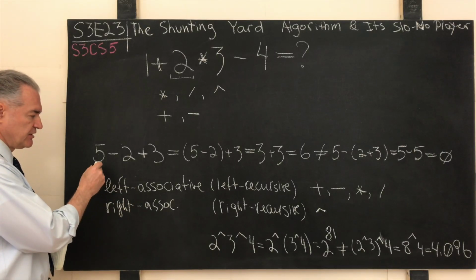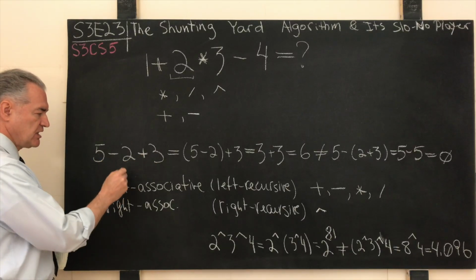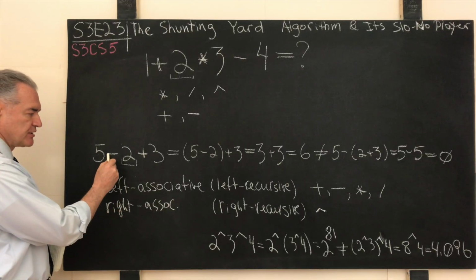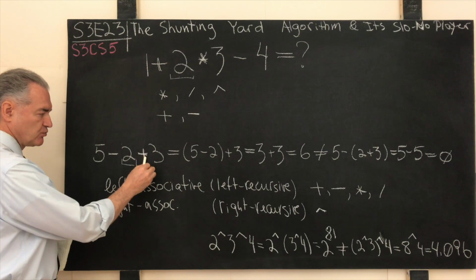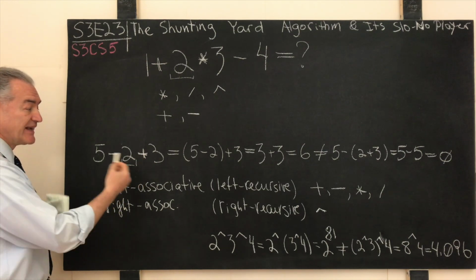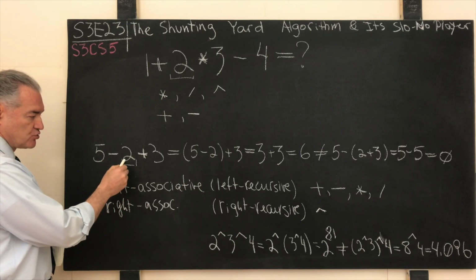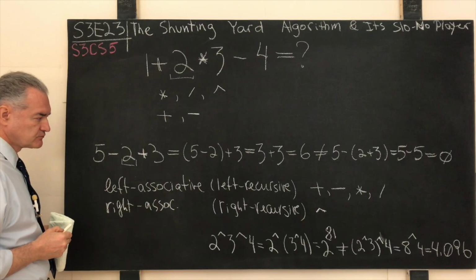For example, in the simple expression 5 minus 2 plus 3, the operand 2 can be bound to the operator minus, or it can be bound to the operator plus with equal success. We do not really have any indication in this expression which operator should act on the argument 2 first.